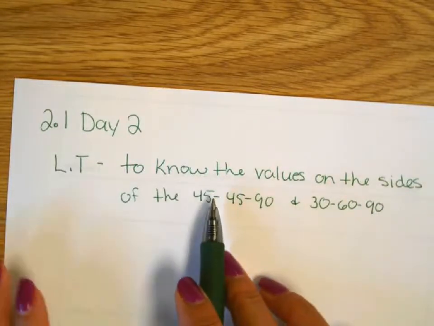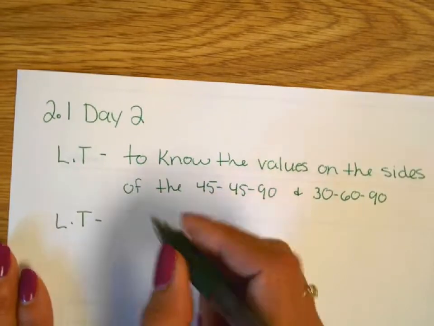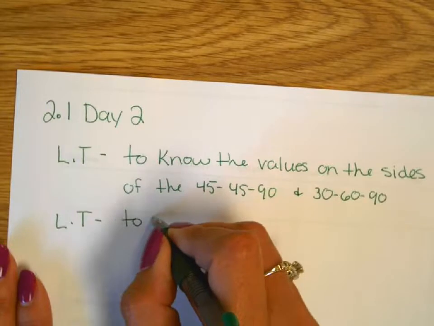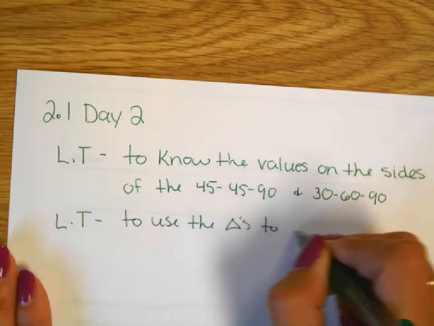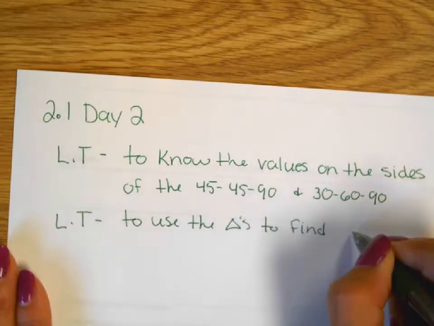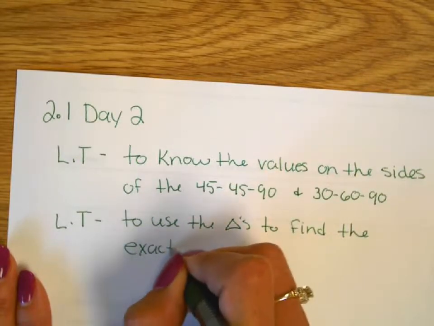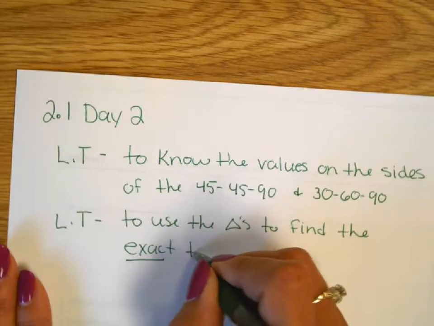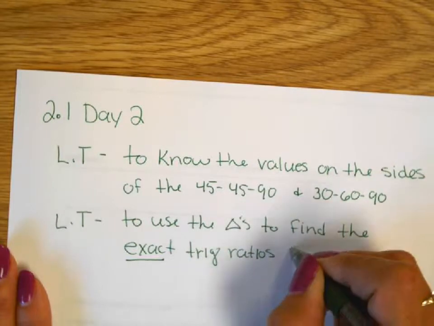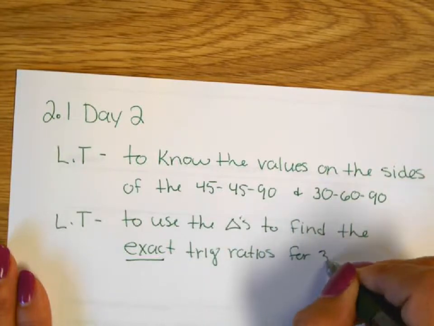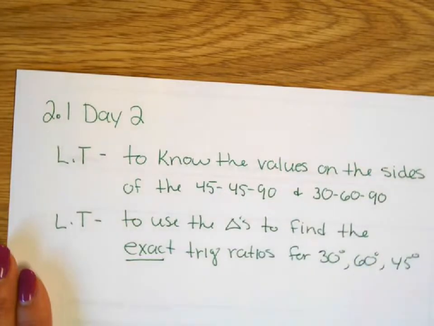And then your second learning target is to use the triangles to find the exact trig ratios for 30, 60, and 45 degree angles.